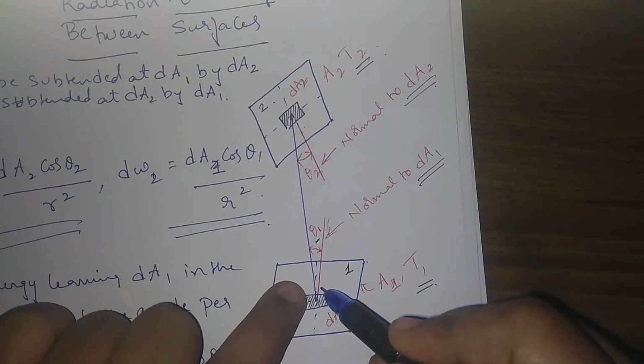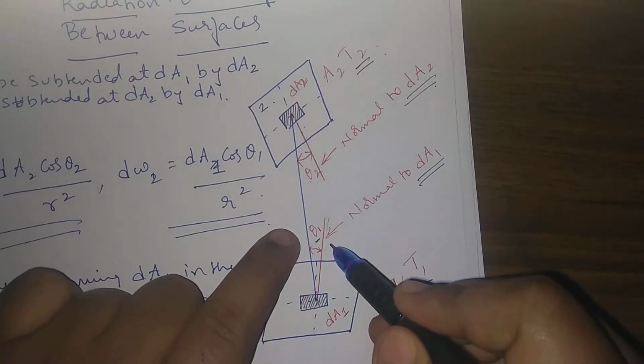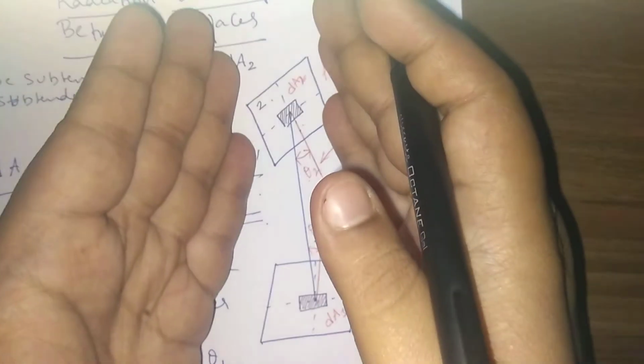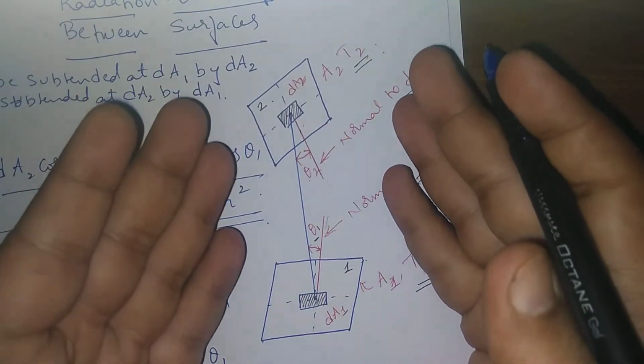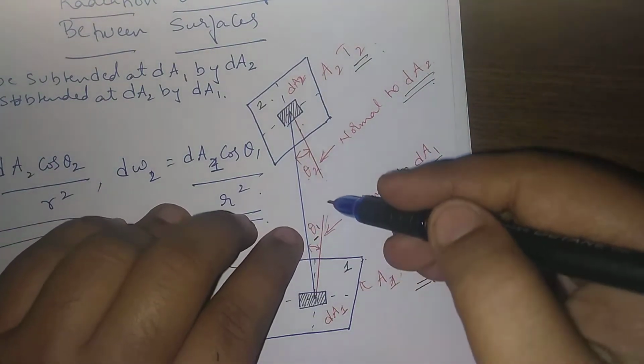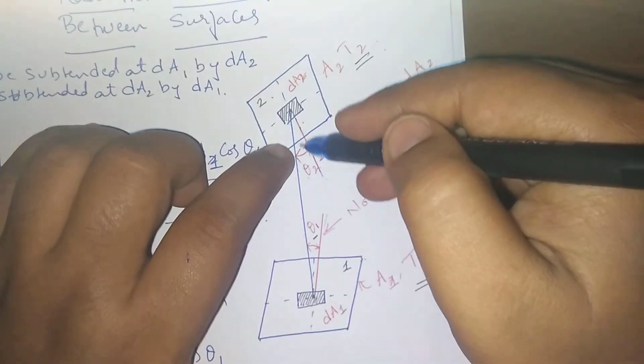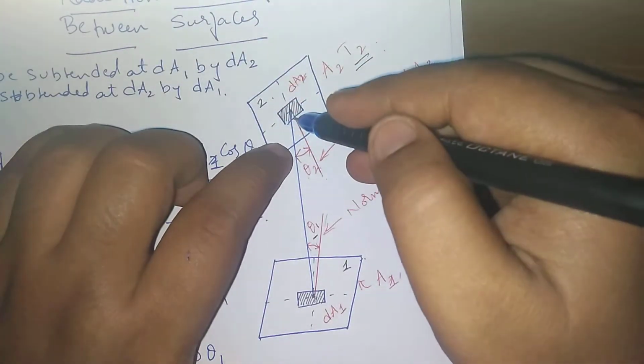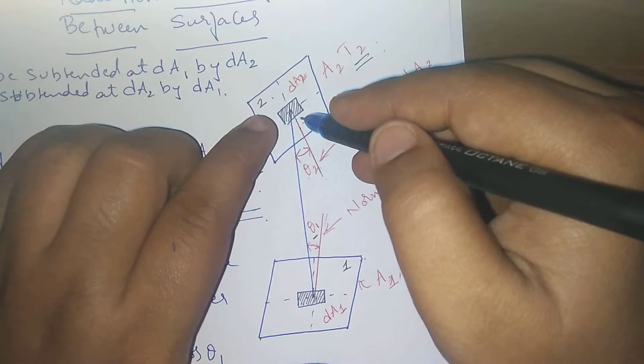Only the radiation which is seen through the solid angle, that is the definition of solid angle actually. Whatever passes through the solid angle is being considered. Are you able to understand?